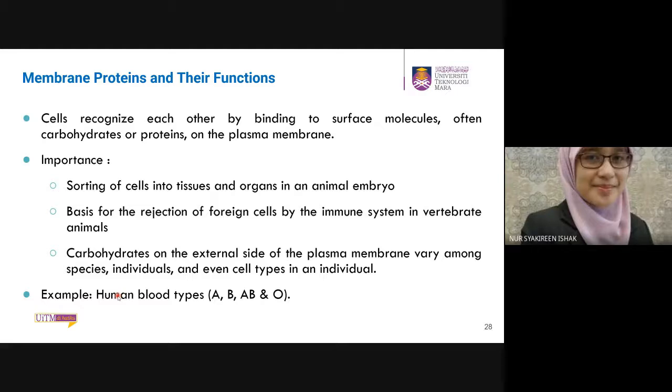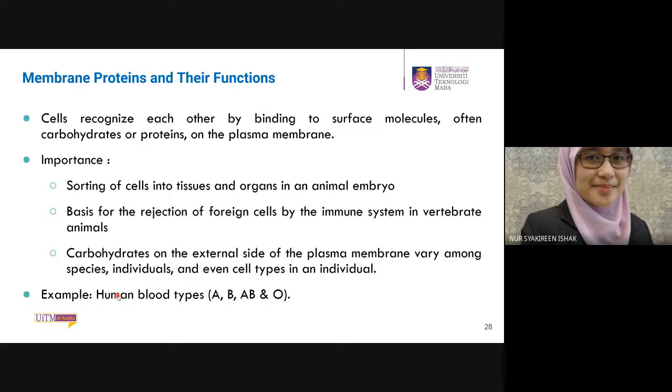So sometimes the basis for rejection of foreign cells by the immune system, macam saya cakap tadi lah, is foreign substance, pathogen, a substance that is not supposed to be in your body. Your immune system will attack this foreign cell because this foreign cell will have the glycoprotein that will become the antigen for the antibody of the host to attack.